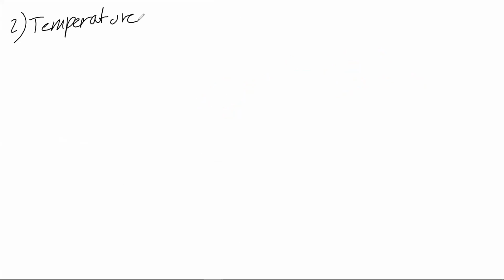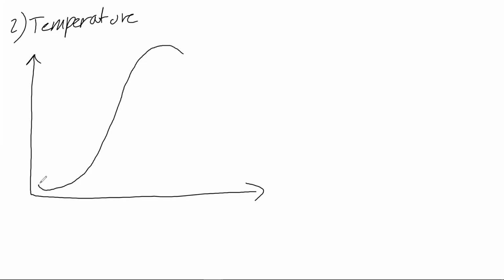So when I look at a graph and I see a curve like this, and here we're at like 37 degrees, and this is the reaction rate, what do you think this graph tells me about this enzyme? It likes body temperature. Yes, it likes working at 37 degrees Celsius because the reaction rate is at its highest at 37 degrees Celsius.